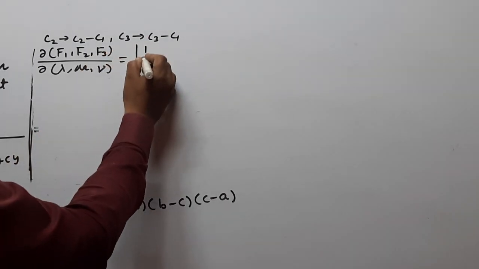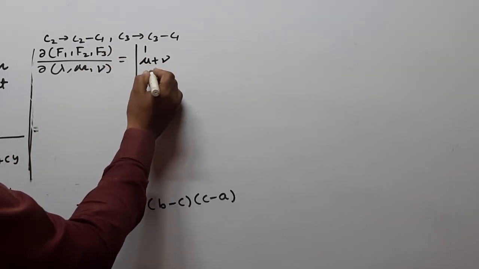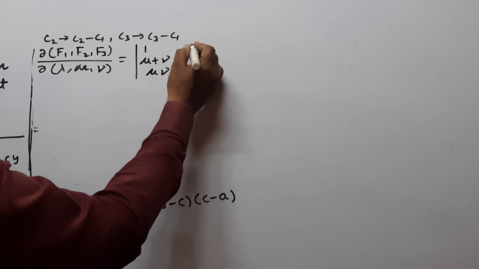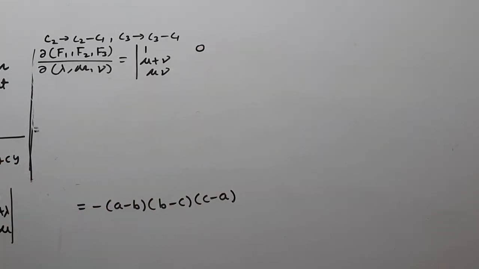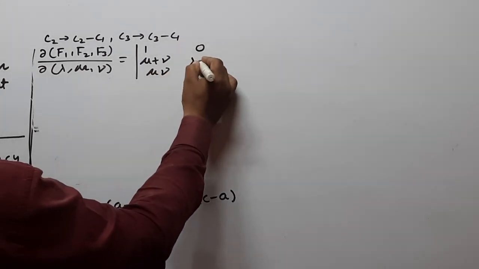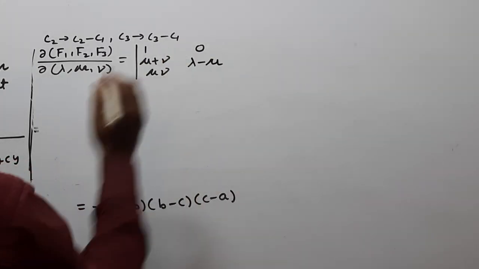So we get here 1, mu plus nu and mu nu. Here we write 0 and nu plus lambda minus mu minus nu. So nu is cancelled out. Here we get lambda minus mu.